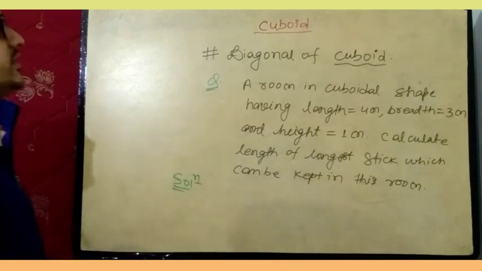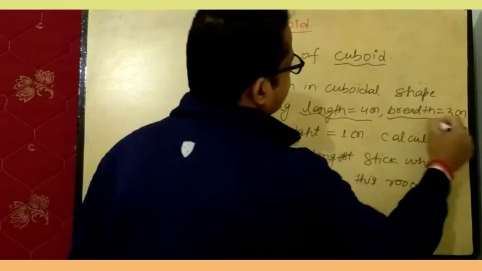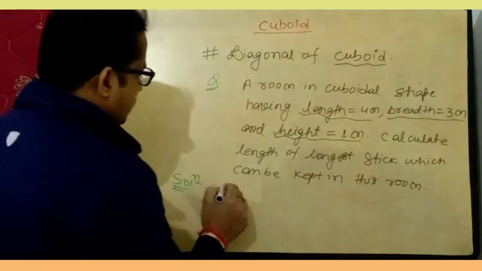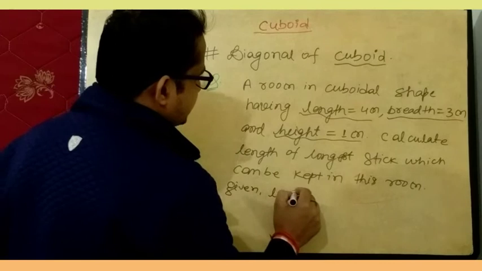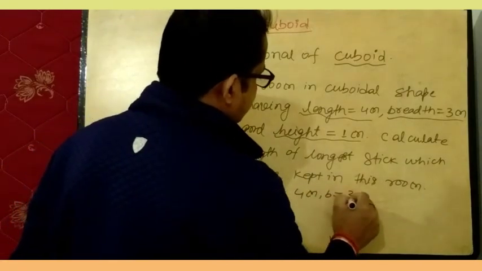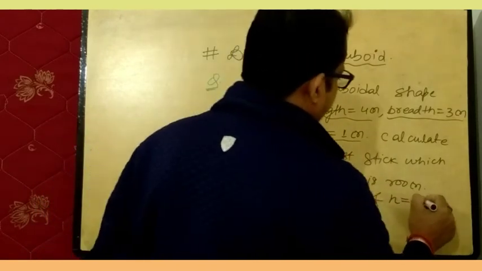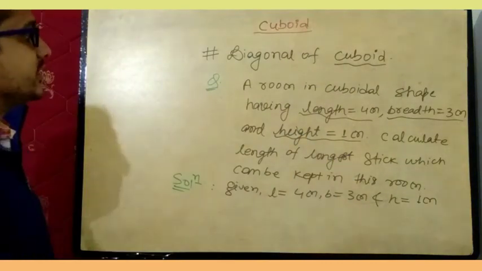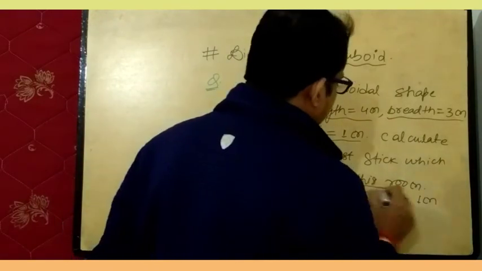So it is given that a room is in cuboidal shape having length equals 4 meter, breadth equals 3 meter and height equals 1 meter. So the given data are L equals 4 meter, breadth equals 3 meter and height equals 1 meter, and you have to calculate the length of the longest stick which can be kept in this room.